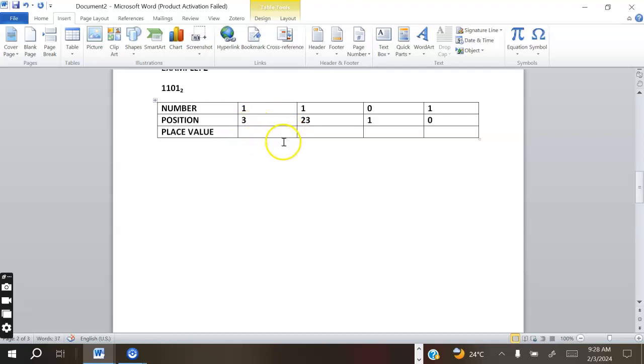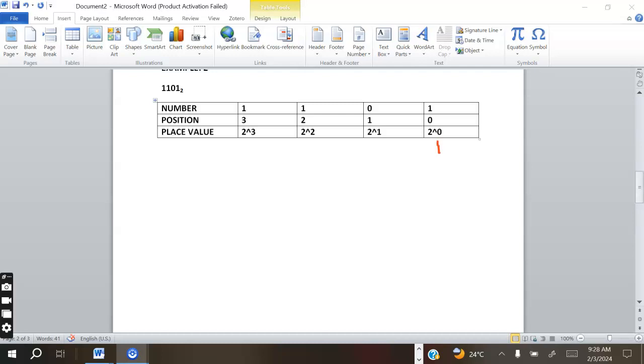It's supposed to be base 2, so 2 raised to power 3, 2 raised to power 2, 2 raised to power 1, and lastly 2 raised to power 0. Now as we have said, when you raise this one to power 0, it's supposed to give you 1.